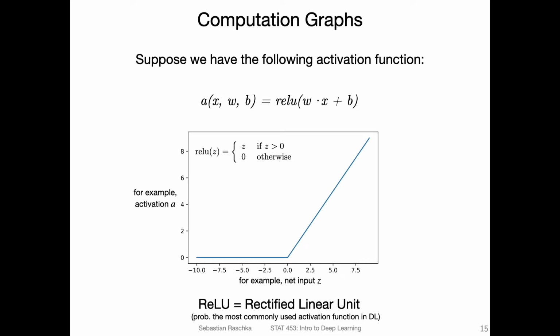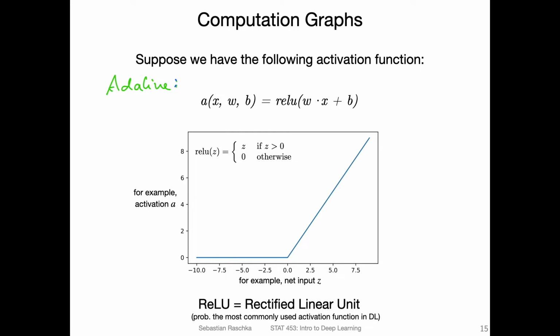So that we have a concrete example, let's take a look at an activation function that is not a linear activation function. So if you recall the Adaline model, what we had was a computation that computed the net input, which was then passed on to a threshold function.